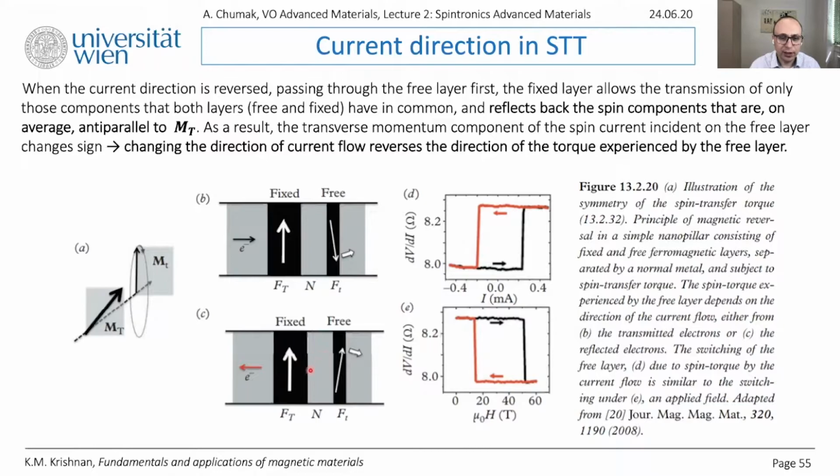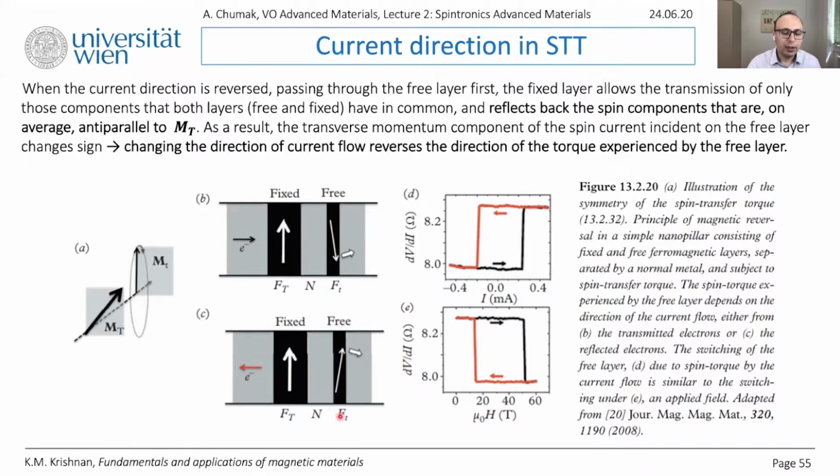And if they are reflected, you have kind of spin polarized current flowing again into the free layer from this side, but it will have spin polarization just opposite to the polarization of the fixed layer. Therefore, sending current in this direction is the analog of sending spin polarized current in this direction, but with inverted spin polarization. And that is the reason why we can switch our magnetization in one or another direction, just by switching the direction of the current.